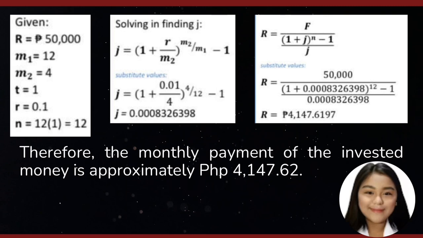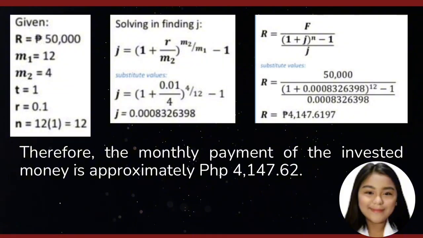To proceed, we need to find the value of j. The formula for j is the quantity of 1 plus r over m sub 2 raised to m sub 2 over m sub 1, minus 1.